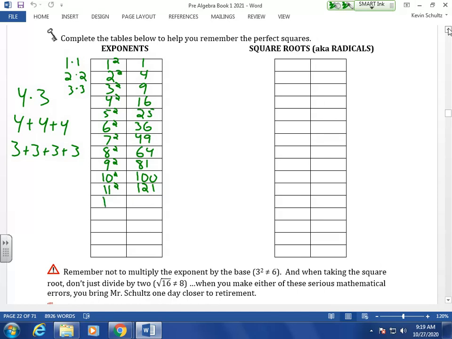And this is where most of your multiplication tables probably ran out that you had in K to 5. 12 squared, 144. We're going to go all the way up to 16 squared.